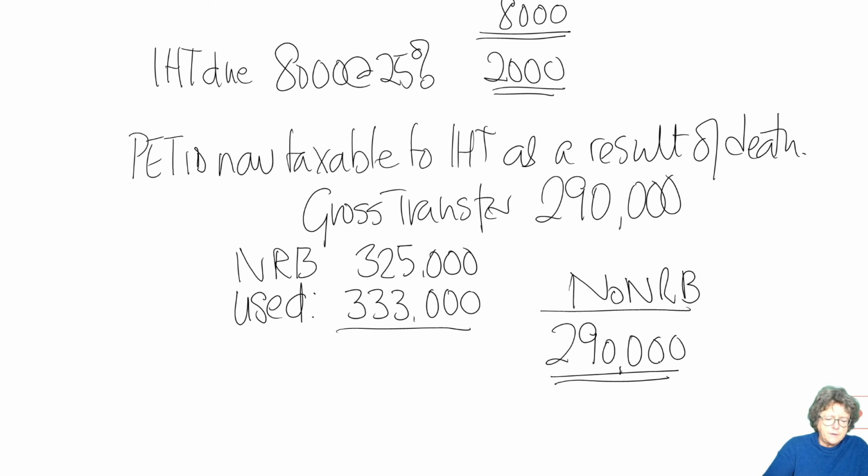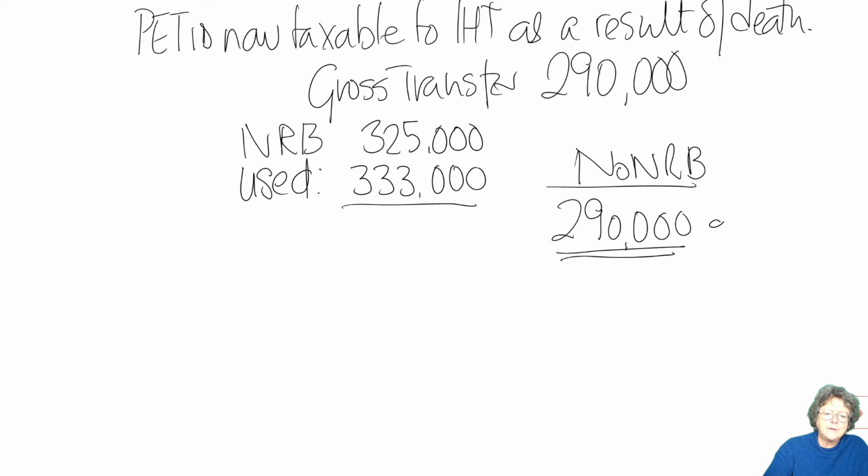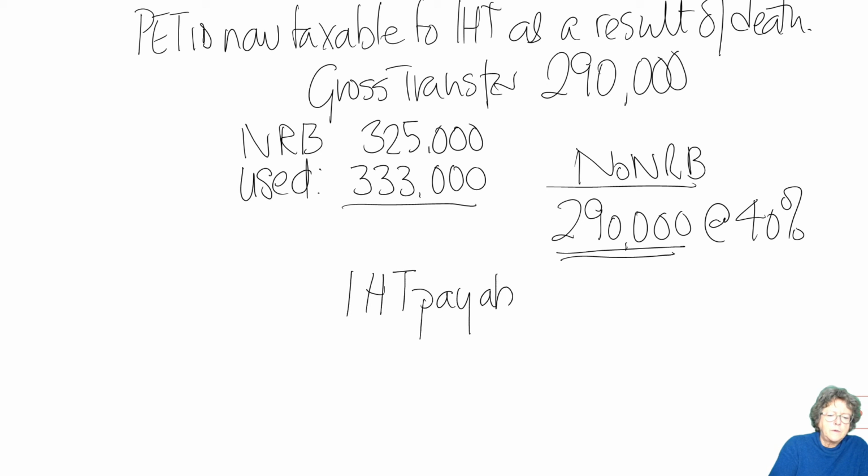So all of it is now taxable at 40%. So the IHT payable is 290,000 at 40%, which is 116,000 less.